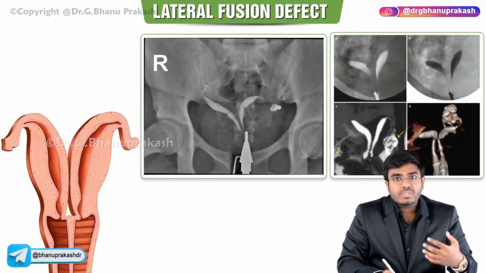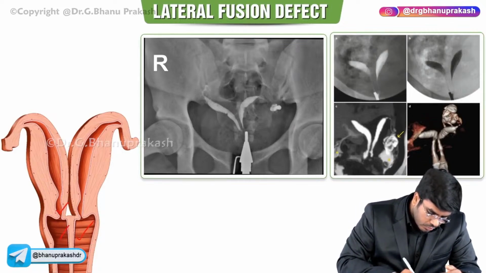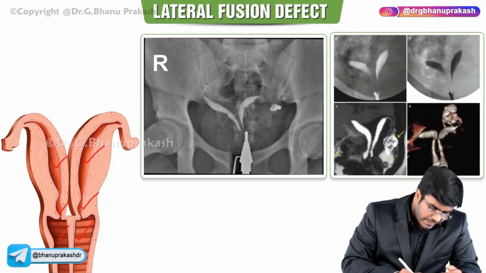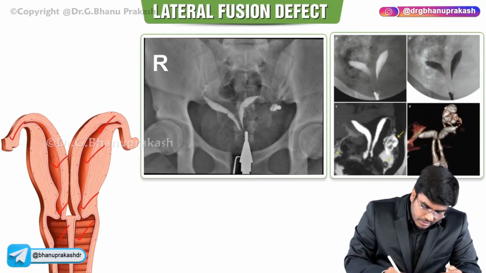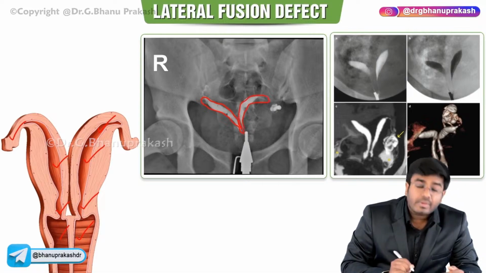If you perform hysterosalpingography, what you can see? You can see two vagina, two cervix and two uterine cavities and two fallopian tubes. So here also you can see everything is double. This is one uterus and one cervix. Here also you can see one uterus, one cervix and one fallopian tube.